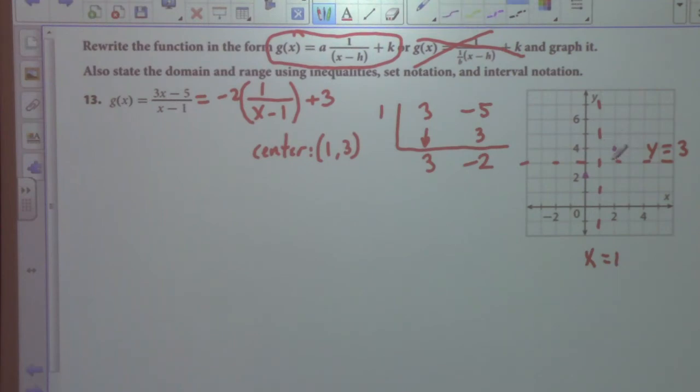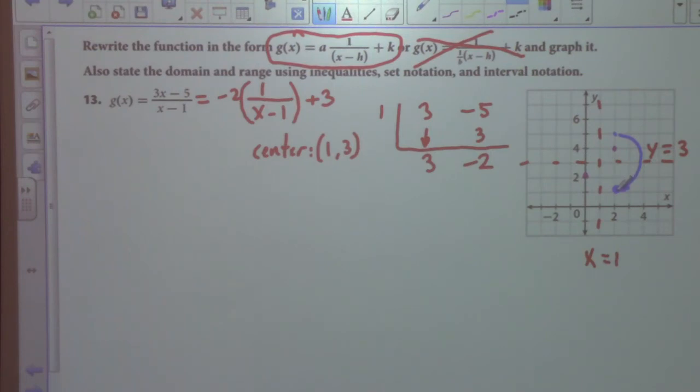So we're going to take this thing and stretch by a factor of 2 about the horizontal asymptote, and then move it right down here, right? So this is the original point, stretched by a factor of 2, reflected about the horizontal asymptote.